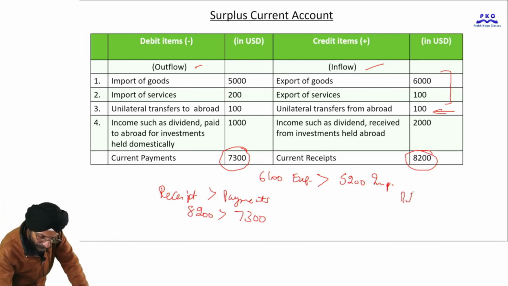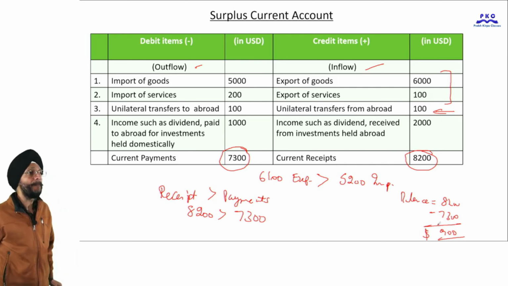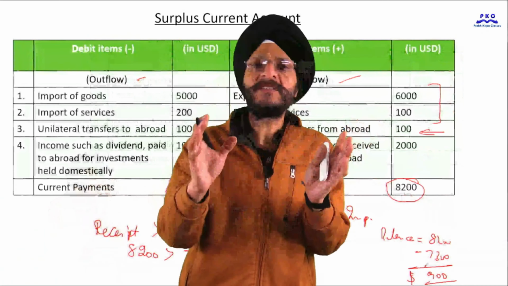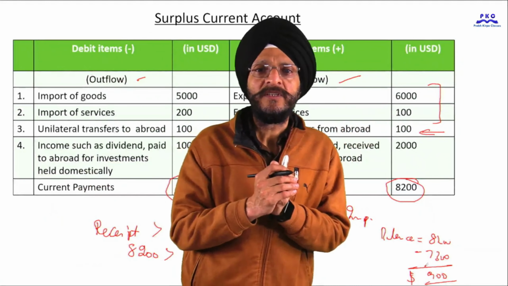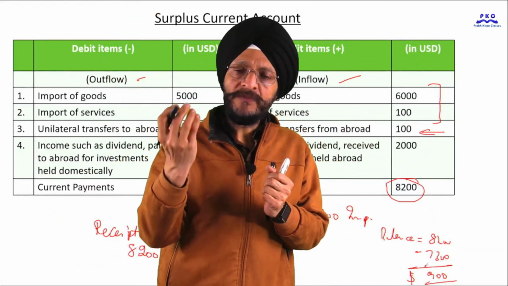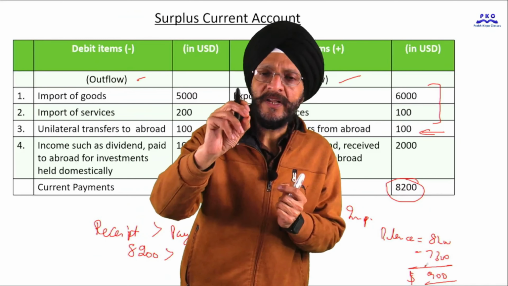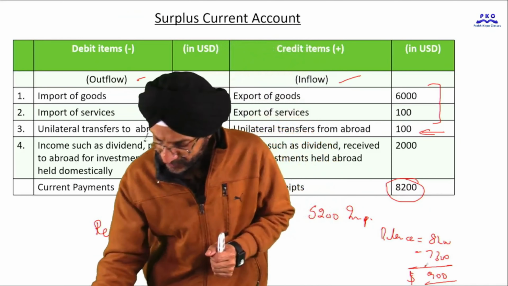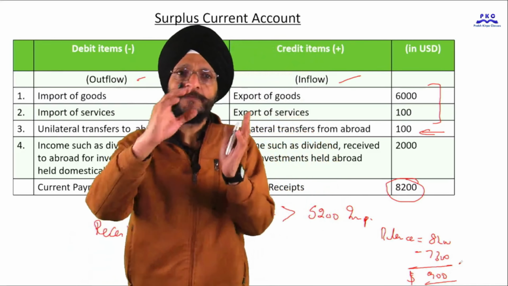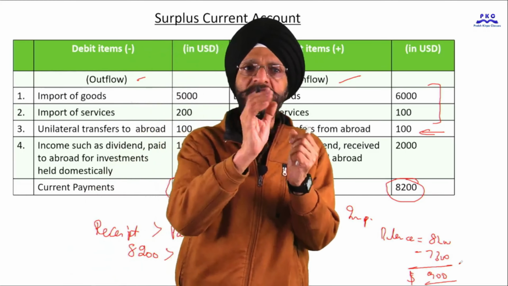Balance in current account is 8,200 minus 7,300. So 900 is the balance. That is, it is a surplus current account. That is, inflow is more to the tune of 900. So it is a current account balance which is positive. It is a surplus current account.